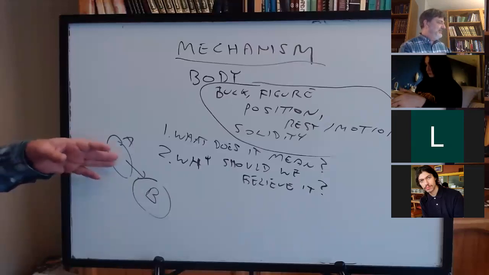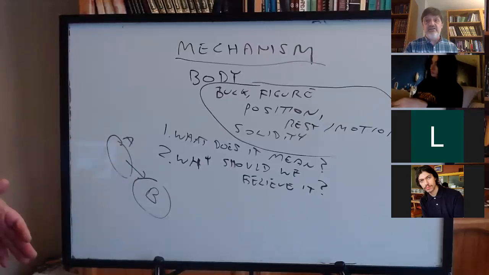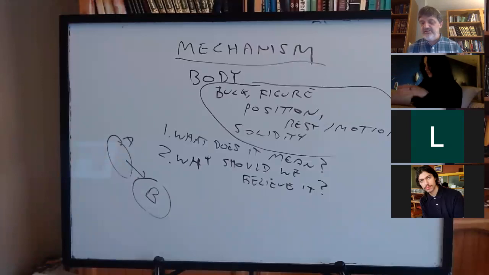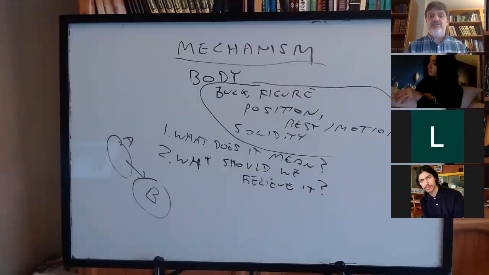But what can't happen is for A to keep moving while B stays where it is, because B is going to exclude A from its space. And that's what makes action by impulse supposedly understandable from the very nature of body. We'll see that Hume looks at that carefully and claims that no, you don't really understand that. But that's what's supposed to make it necessary from the very idea of something that takes up space, that it can act on other things that way.